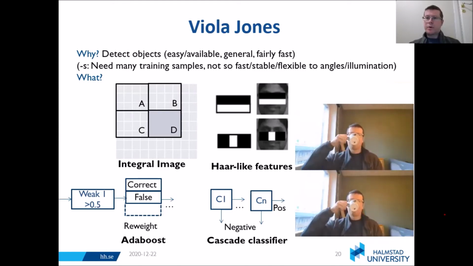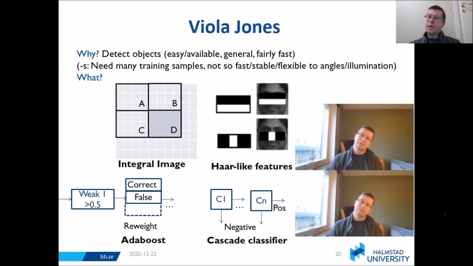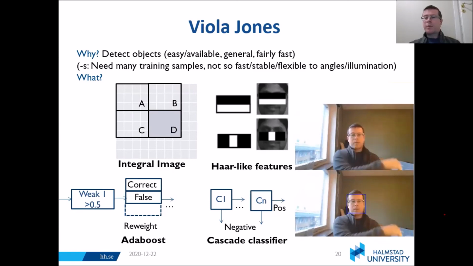But I want to talk about 4 concepts in Viola-Jones that I think are important. The first one is the integral image. So if we want to compute the sum of the intensities of the pixels in some region, like region D, how can we do this fast? Well, one way is to prepare some image called the integral image, where the value of every pixel is the sum of the intensities of the pixels above it and to the left of it.